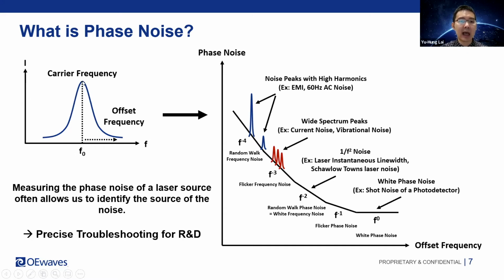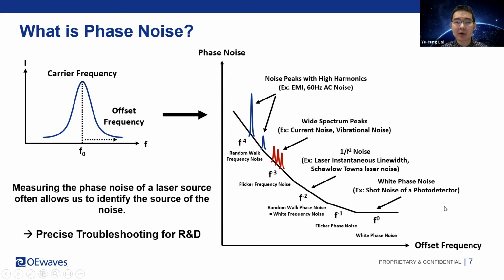And basically, the area below this curve is the power spectral density of the phase noise. And of course, the mathematics is more complicated and related to integration, related to the time scale as well. And then by plotting the phase noise diagram, we can plot the phase noise versus the offset frequency here.